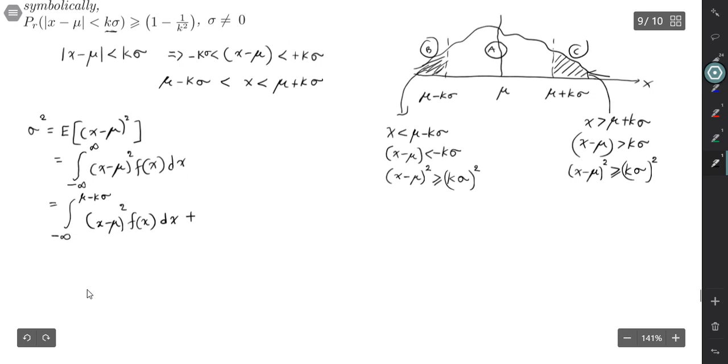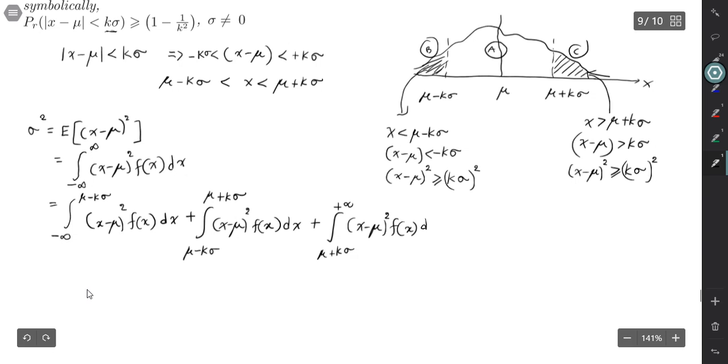The next part is A, from mu minus k sigma to mu plus k sigma, of x minus mu square f(x) dx. Next, the last part, from mu plus k sigma up to positive infinity, of x minus mu square f(x) dx.